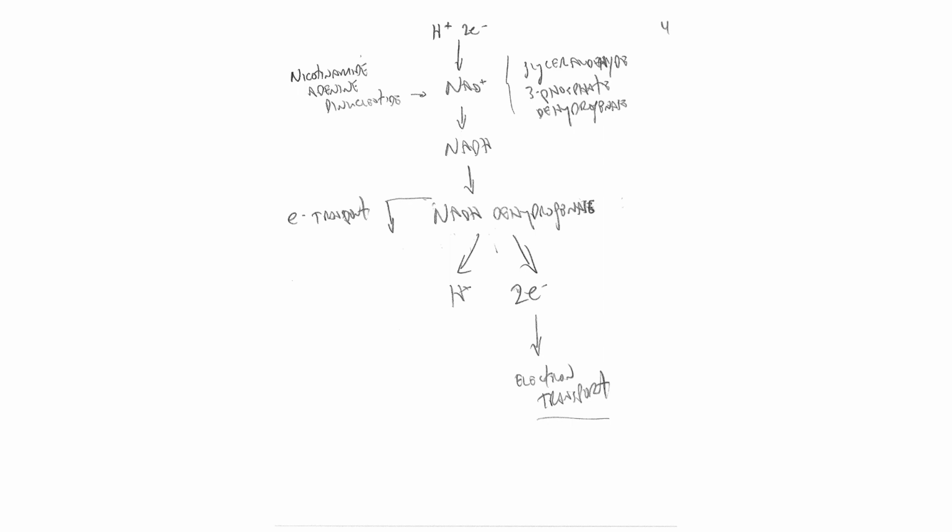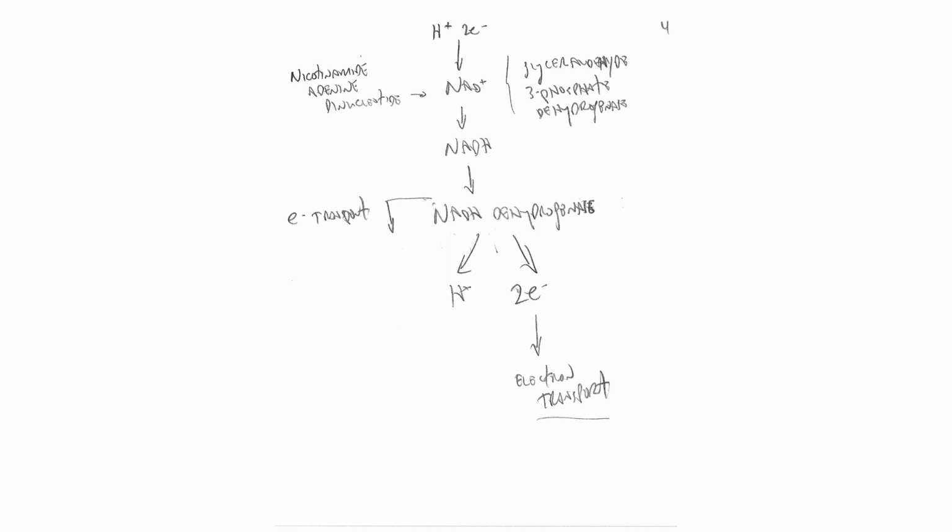They just move into the NAD, make the NADH, and then that NADH is fed into the electron transport chain. Once it hits the appropriate region, an enzyme called NADH dehydrogenase takes the protons and the electrons back off and puts them into electron transport.